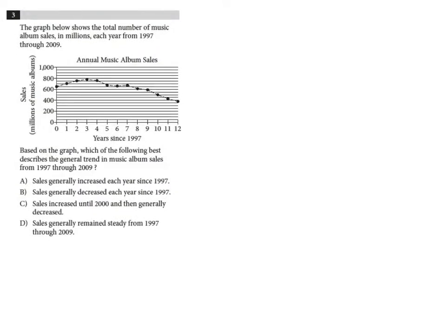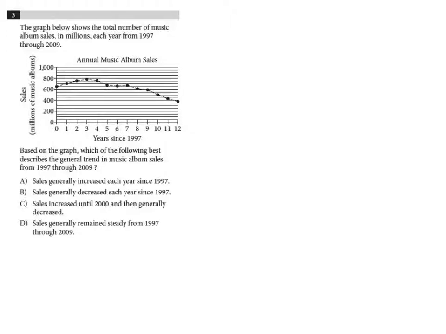Okay, 3. The graph below shows the total number of music album sales in millions each year from 1997 through 2009. Based on the graph, which of the following best describes the general trend in music album sales from 1997 through 2009?